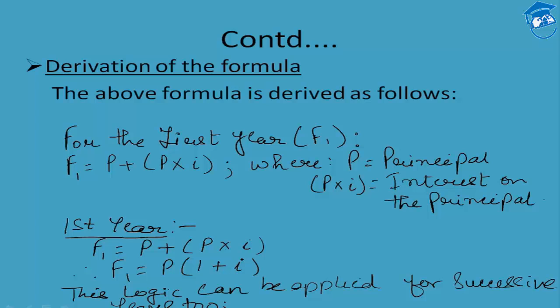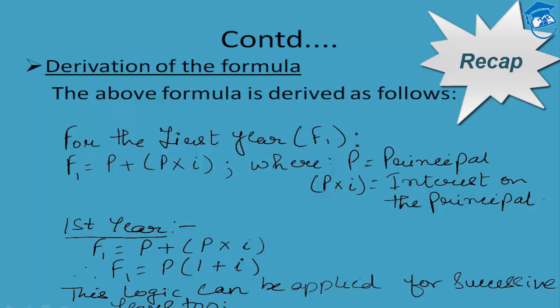Once again, a brief recap. Under compounding interest, in the first year itself, the interest which we are earning on the principal becomes the new principal. For F1, the formula which we are using is P plus P into I, wherein P is our principal and P into I is the interest which we are getting on the principal. Therefore, F1 is equal to P plus PI.